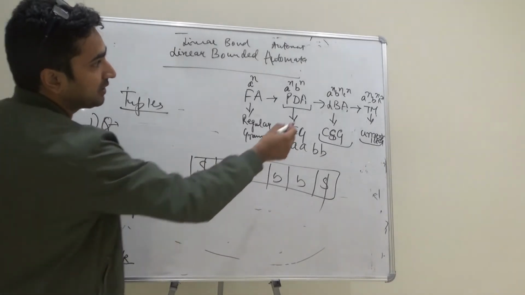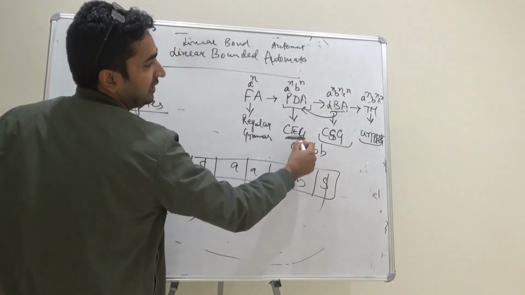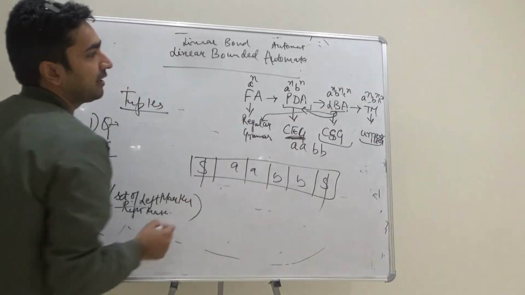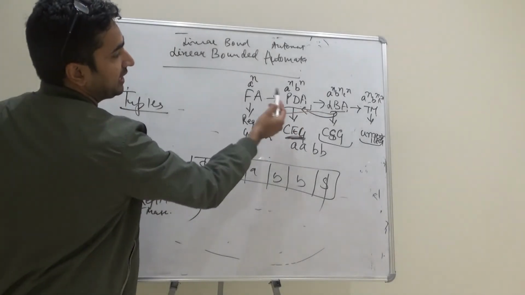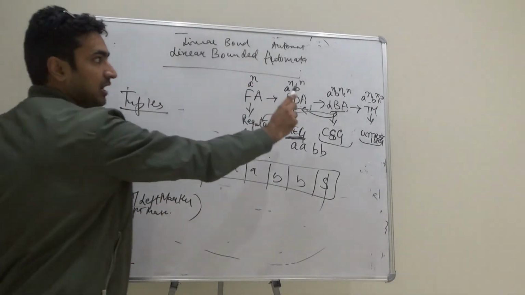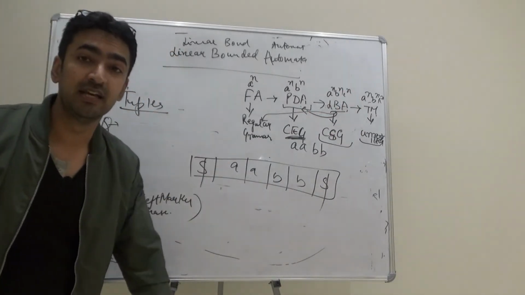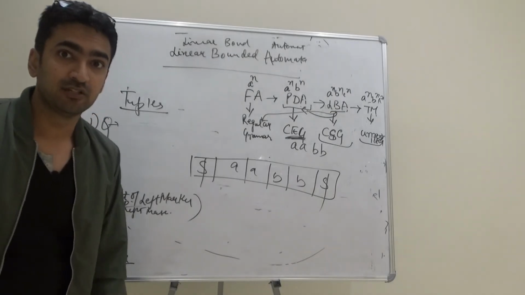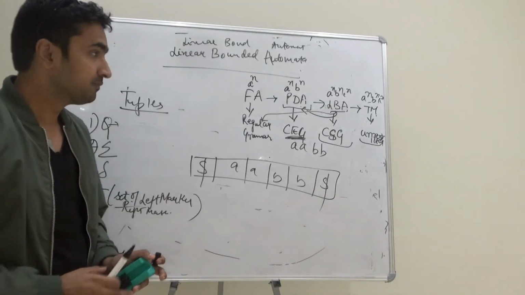It will accept what a PDA can accept, meaning context free grammar. It can also accept regular grammar, because it accepts what PDA and FA can accept, but it can't accept what a Turing machine can, because the Turing machine has an infinite size tape. So this is what linear bound automata is all about.